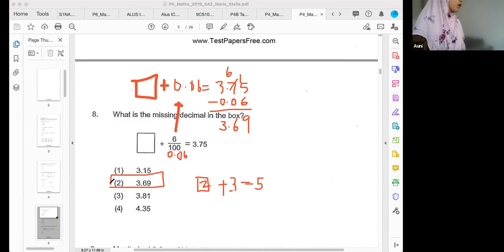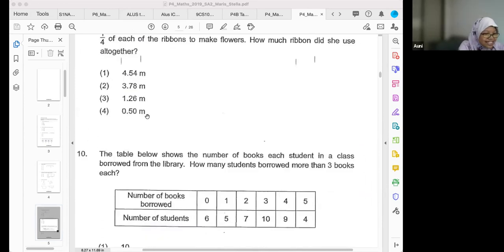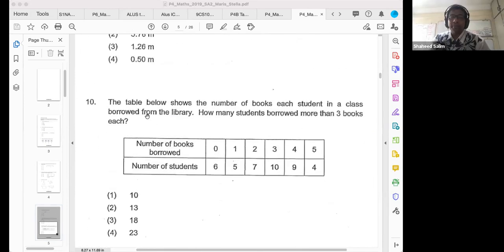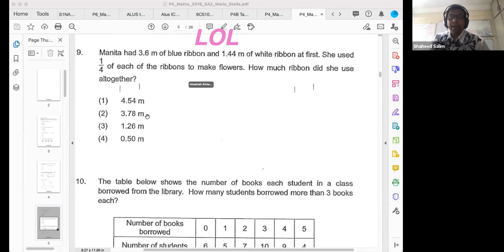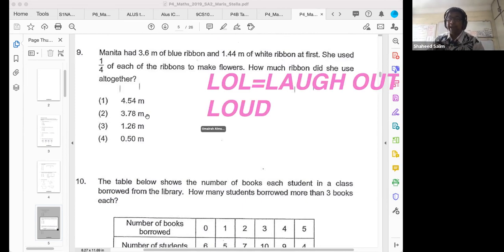Oh my God, it's already 12:28. Why? Don't be bored lah. What do you mean don't be bored? I feel as if you all are bored. Are you bored? LOL. Lolly. She wants a lollipop. So you're not going to tell a story. What? You're not going to tell a story. I thought I told you a story. Oh, laugh out loud.